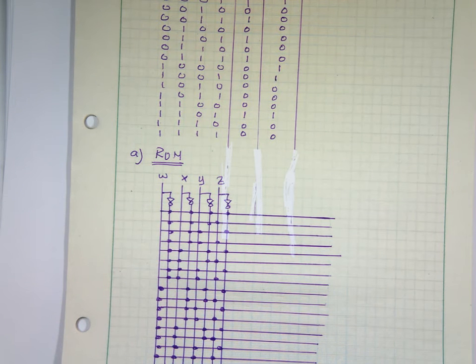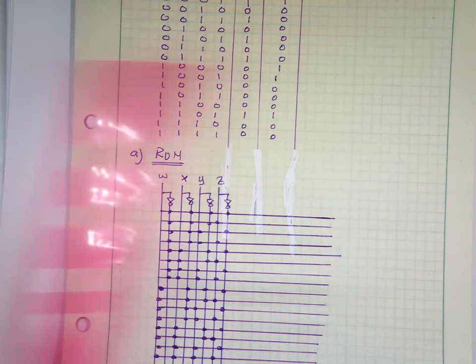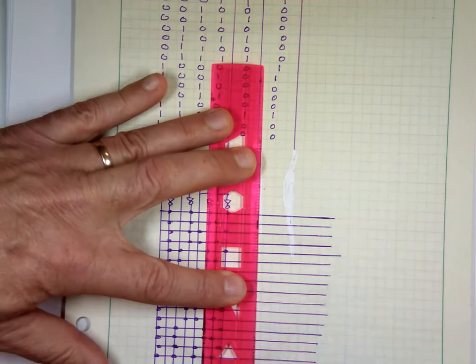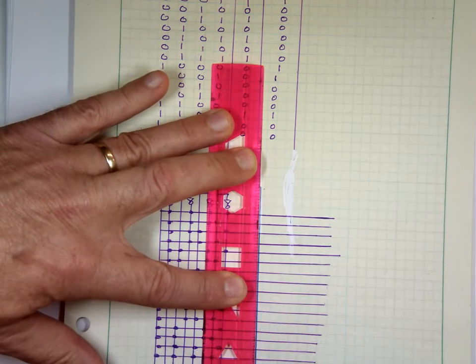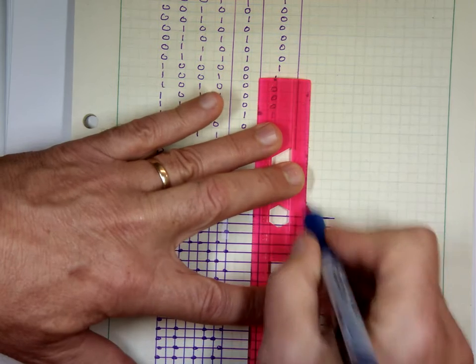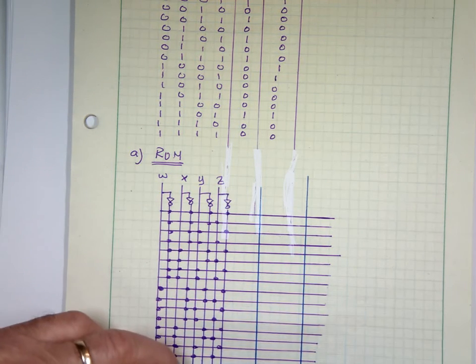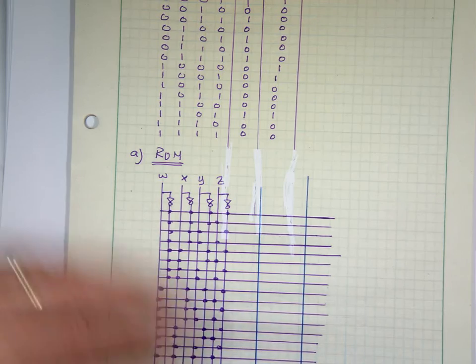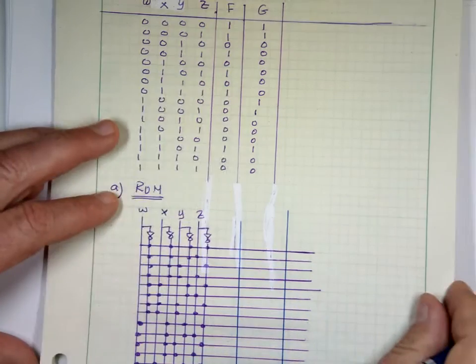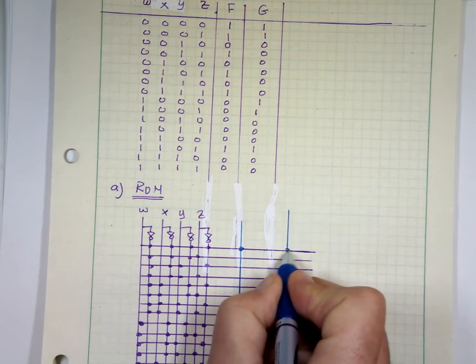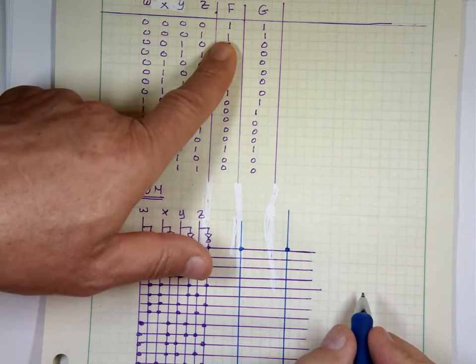Now I'm going to have 1 for F and 1 for G. This is F. And this is G. Notice, let's look at F. F is going to be 1 at 0, and G is going to be 1 at 0.